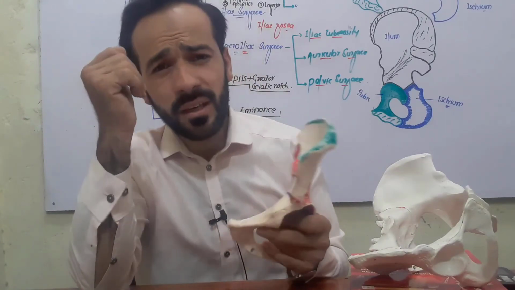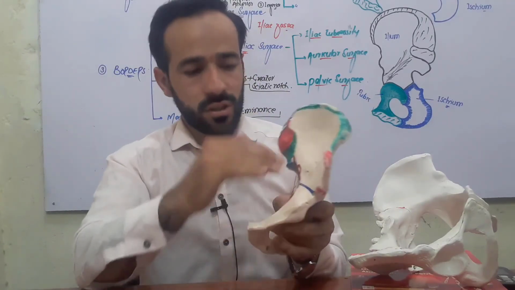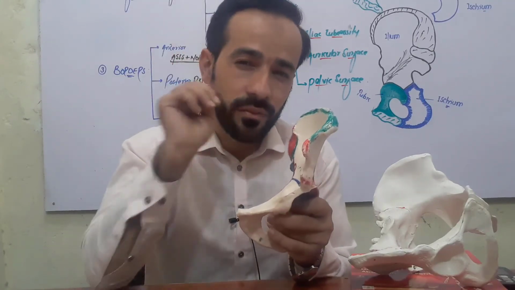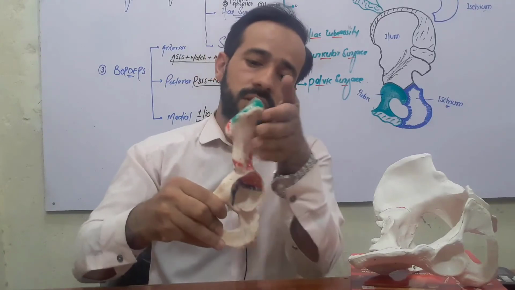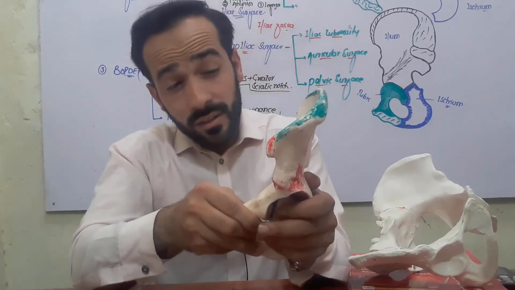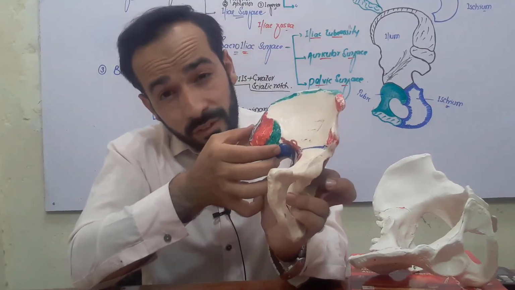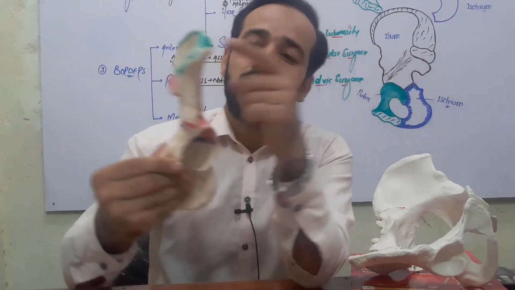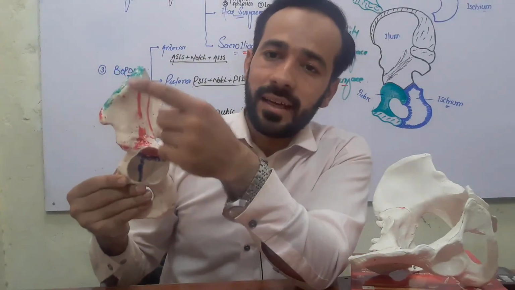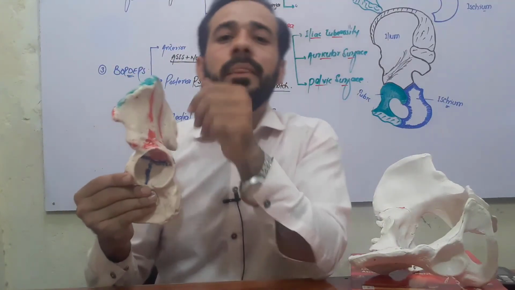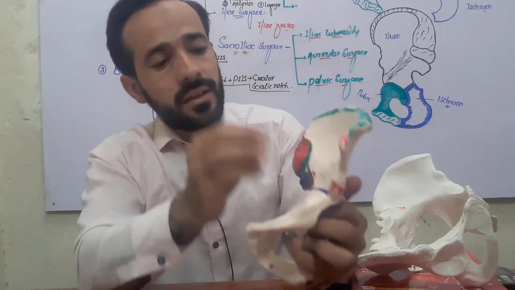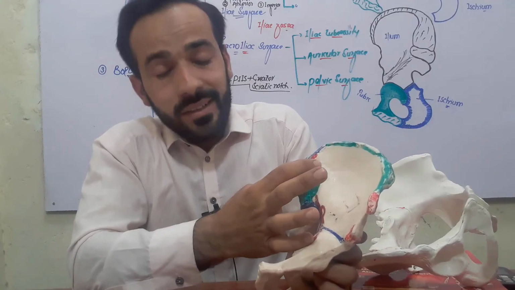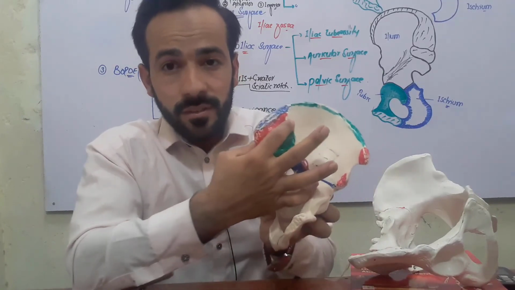Then there are three borders: the anterior border, posterior border, and medial border, right? And then there are three surfaces: the iliac surface, the gluteal surface, and then there was the sacropelvic surface, right? The gluteal surface is lateral and it has three important lines: the anterior line, the posterior line, and the inferior line, right? And then the sacropelvic surface has three important parts, that is the iliac tuberosity, right?